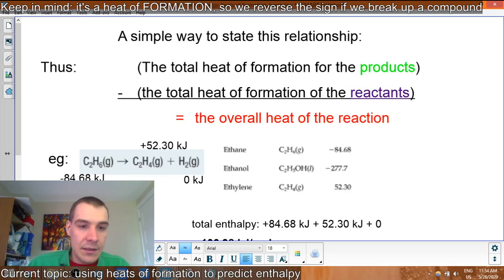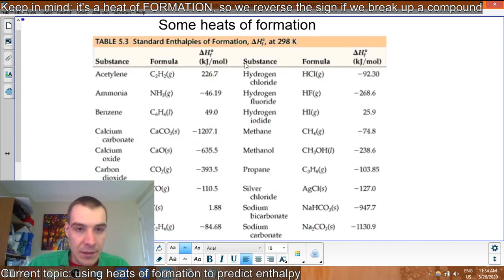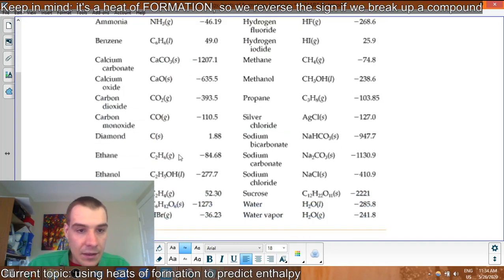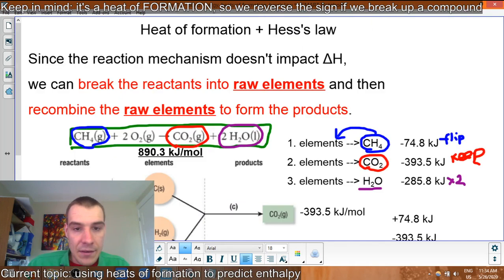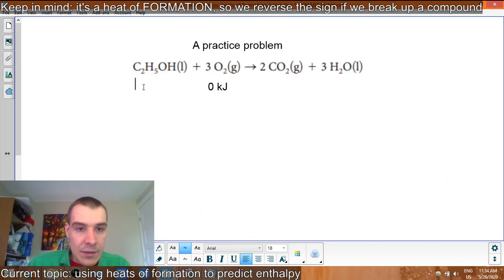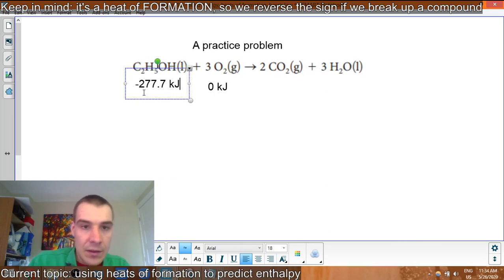Liquid ethanol, let's find that in our heat of formation table. Ethanol, here it is. Minus 277.7 kilojoules. Let's find CO2.